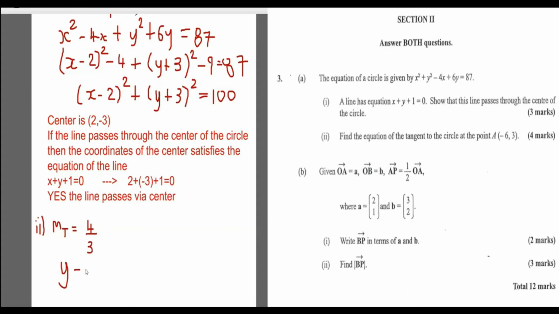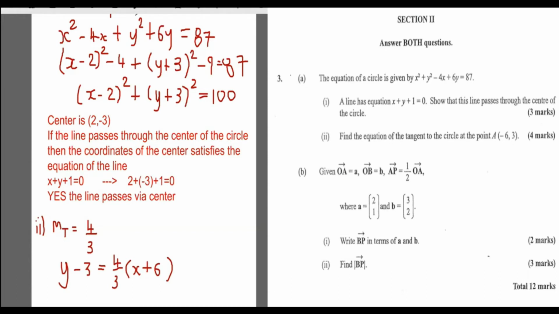So it's y minus 3 is equal to the gradient of the tangent, 4 over 3, multiplied by x minus 6. So I can just write x plus 6. Now, depending on the question, they didn't ask us to put it in standard form, so I'm going to leave it at that. So that's the equation of the tangent.